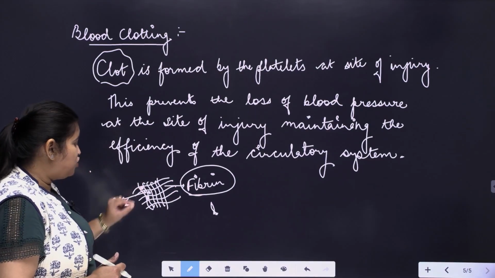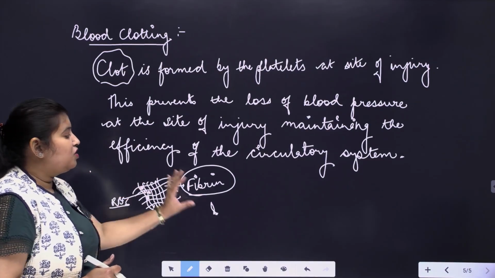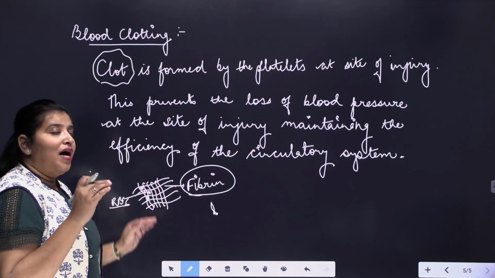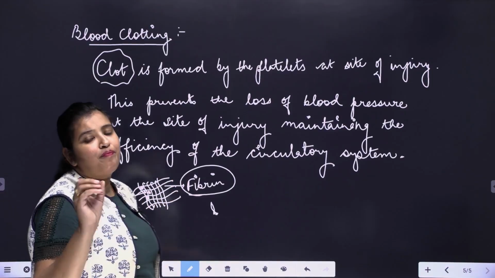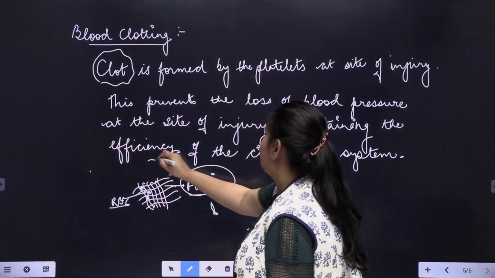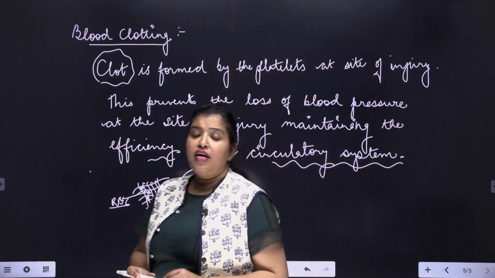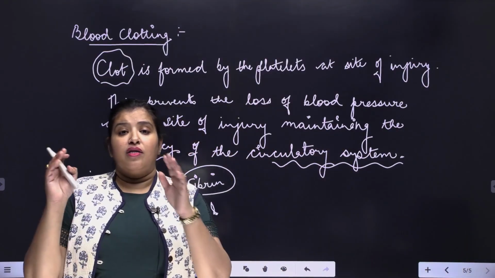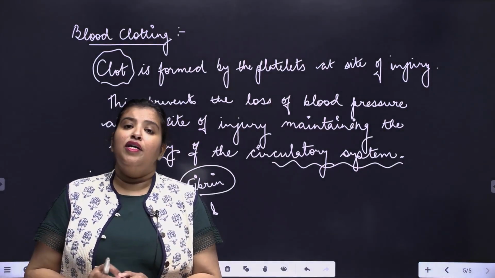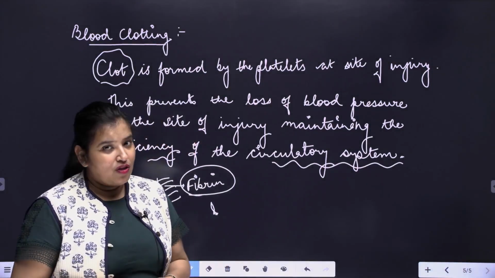Each pore of the mesh is blocked by RBC. And once the wound heals up, the clot gets removed, maintaining the efficiency of the circulatory system. So this is all about the open and closed circulatory system. We have talked about blood. Now we shall talk about blood vessels in the next class. So thank you for today.